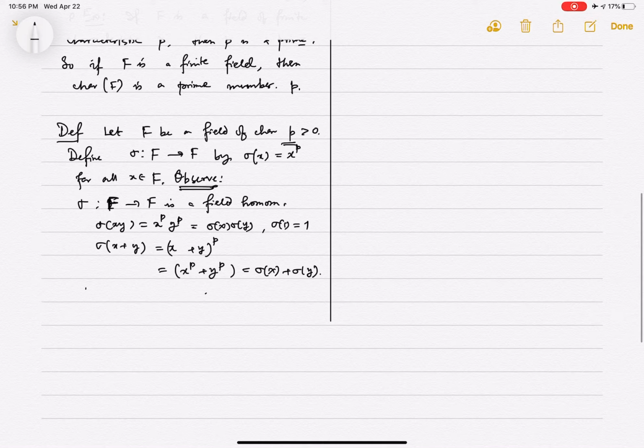Sigma is called the Frobenius homomorphism. And it's an extremely simple thing, but it plays a very, very important role. The fact that it's a field map, that it preserves addition and multiplication.